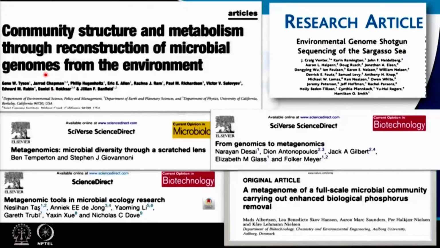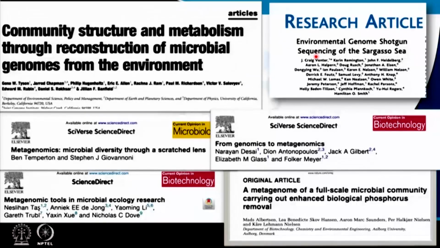And the Venter, if you remember Craig Venter, who actually initiated and is considered to be one of the stalwarts of genome sequencing technology and the process. These two papers, on community structure and metabolism and on the environmental genome shotgun sequencing of the Sargasso Sea, were the initial days papers. These papers showed the path of what could be possible, and subsequently many papers appeared.